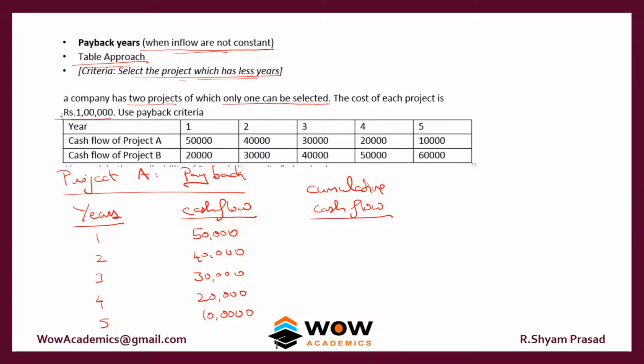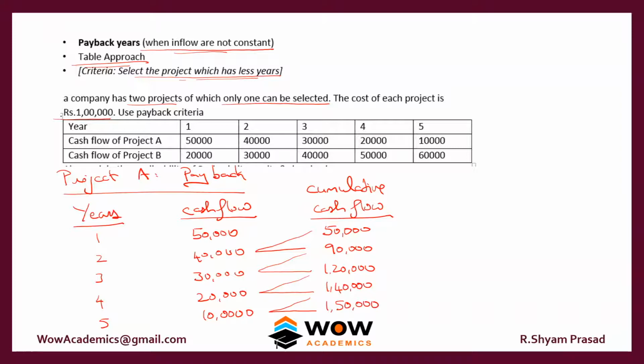So you have to accumulate. The first year we get only 50,000. Next year 50 plus 40 gives 90. The next year this 90 plus 30 gives us 1,20,000. We are just cumulatively adding. 1,20,000 plus another 20 gives 1,40,000. 1,40,000 plus 10,000 gives 1,50,000. So we have cumulatively added it.